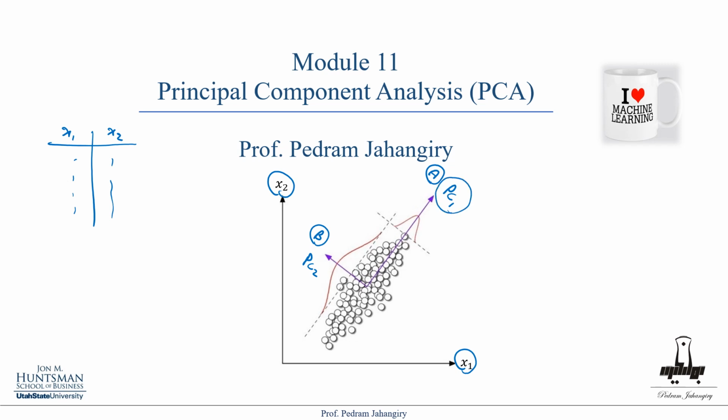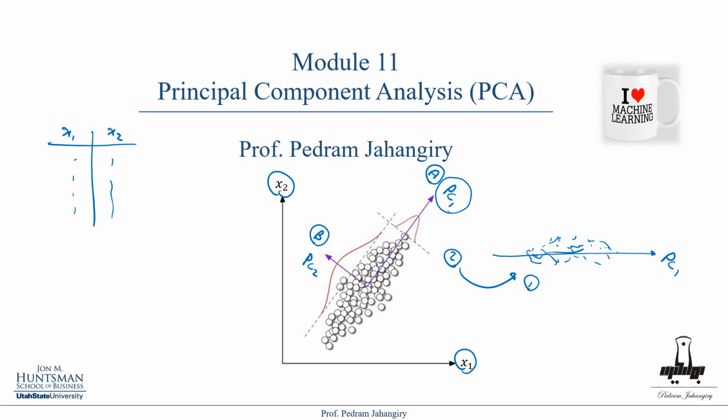So PC1 is going to become something like this, and the data is something like this. Now we go from 2 dimensions to 1 dimension by finding the most important components in the data, which in this case is PC1, right?